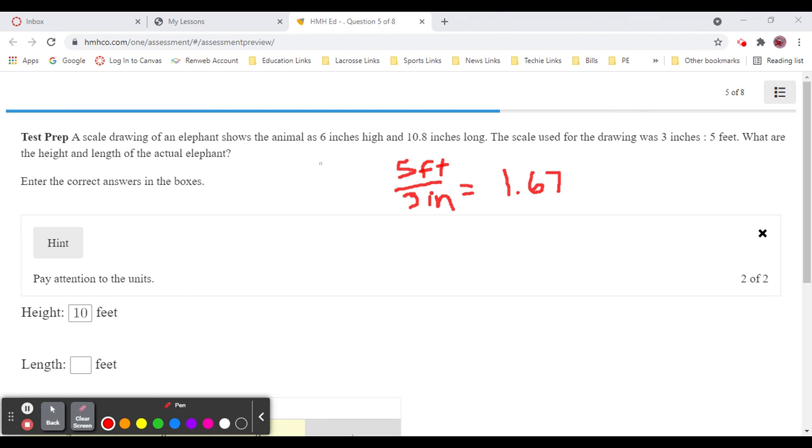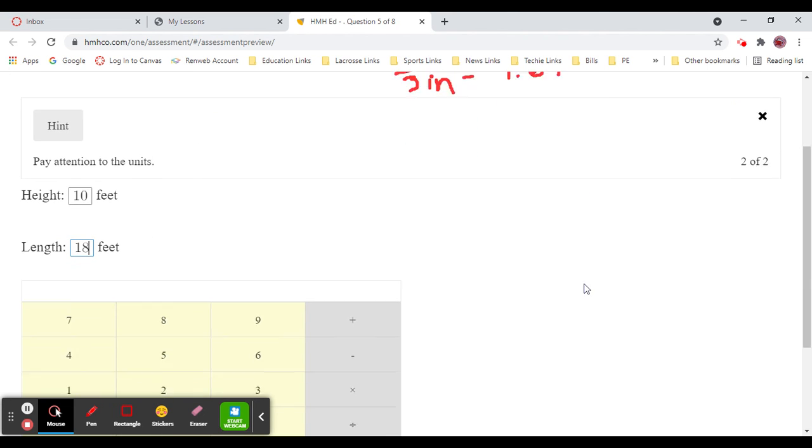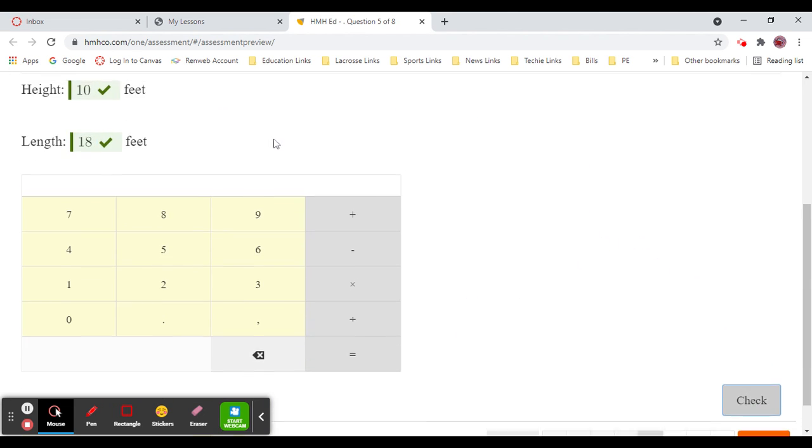Had I not rounded to 1.67, had I just left the full number in there, you would have gotten 18. Let me show you. 5 divided by 3 times 10.8. There it is. So 18. And my answer is 18. Not 418, 18. Check it. There we go.